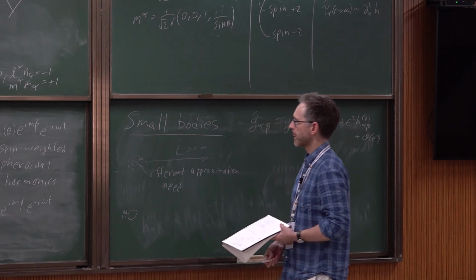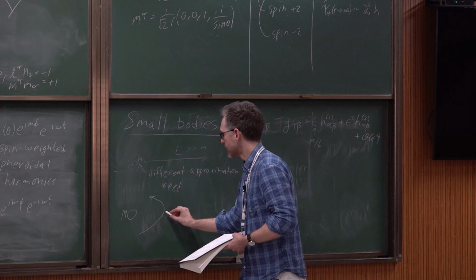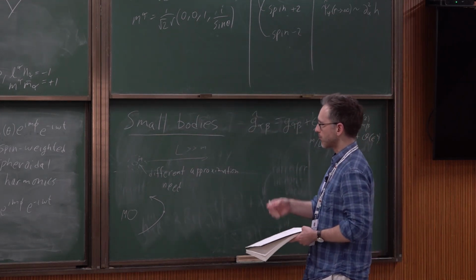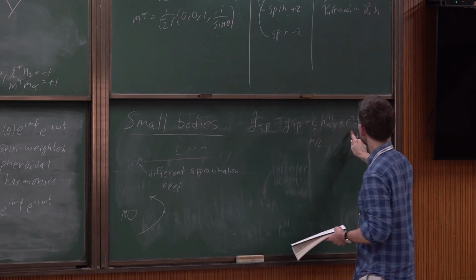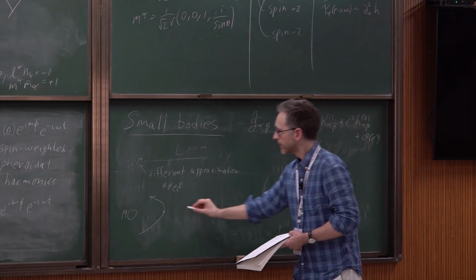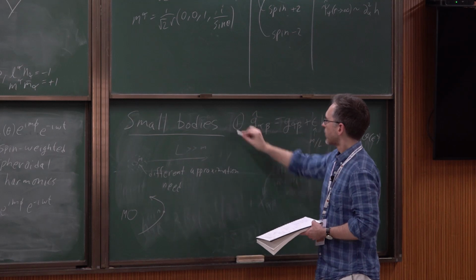We've got the big mass, we've got the small object zipping by. In most of the space-time, we can use this, with L now being the big mass. Let me call that equation 1.